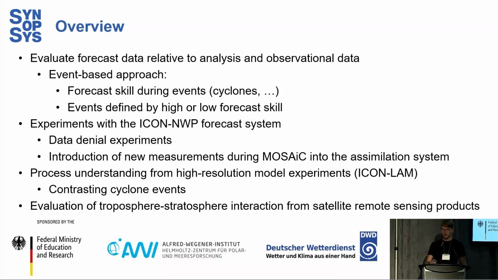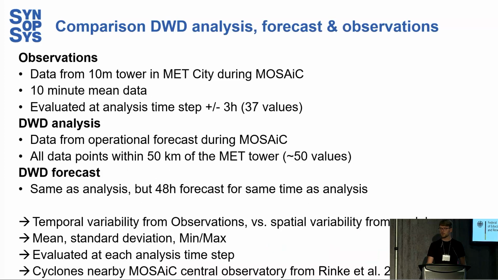And then there's this third part led by the University of Bremen, where we really want to look into the troposphere-stratosphere interaction, based on the model but also on observations, and there we want to exploit satellite remote sensing products based on ozone data and see if we can really see the exchange processes in there as well and put this in a dynamic perspective.